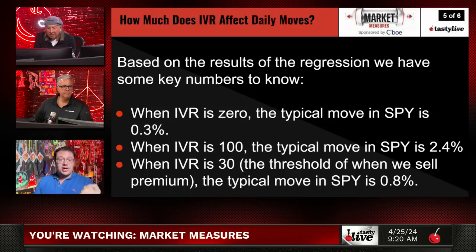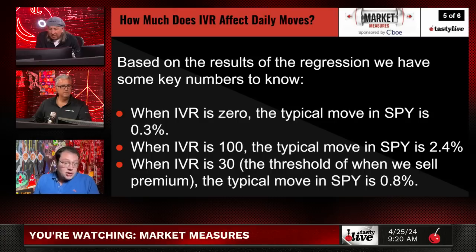So we're basically using implied volatility to estimate how much a stock will move. At the very bottom of the range, we have a zero rank. When the rank is 0, the S&P moves maybe 5 points, maybe 10, maybe 15, and that usually translates to about 0.3%, depending on where the index is. When IVR is 100, which we don't typically see, even recently we haven't seen IV rank at 100.